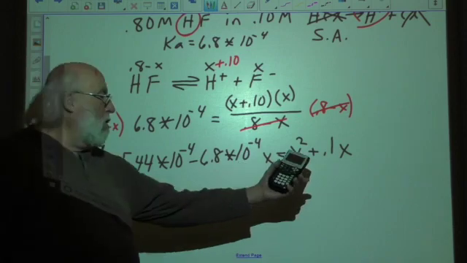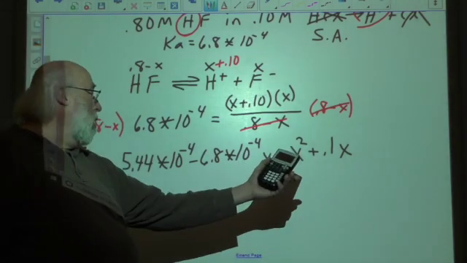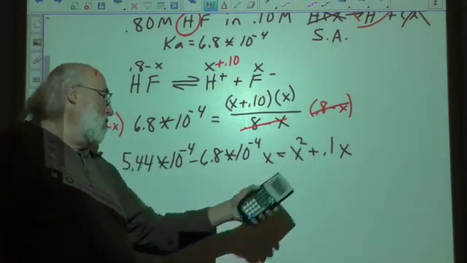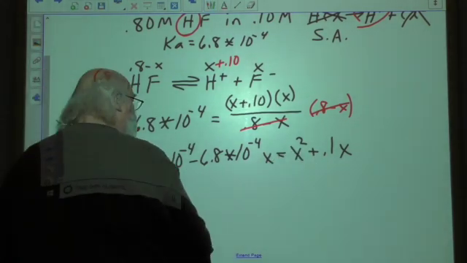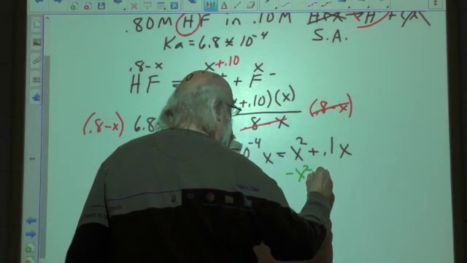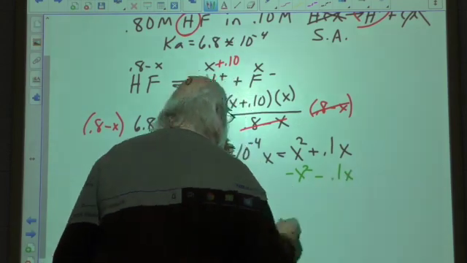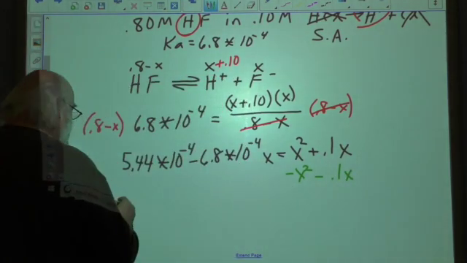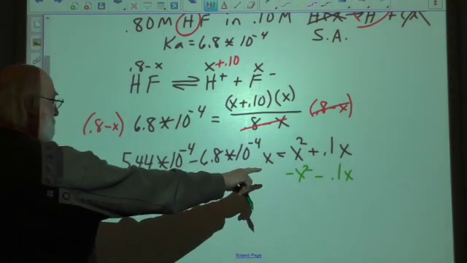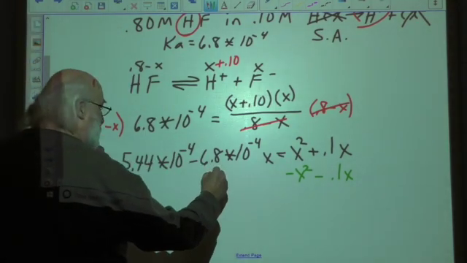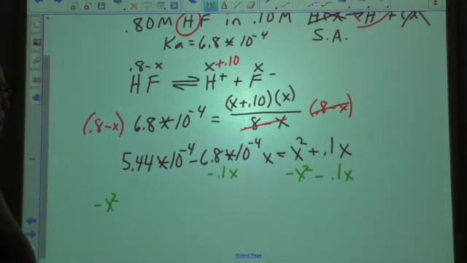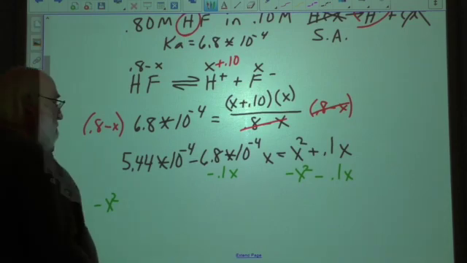So now I'm going to move, I'll move, well, let's see, I can move this over here. Looks like it'd be easier to just move that. So let's just do that. So I'm going to subtract x squared and subtract 0.1x. Well, we have no x squared here, so I'll put minus x squared right there. But I'm going to add the negative 0.1x to this, and round that off to 3 sig figs.